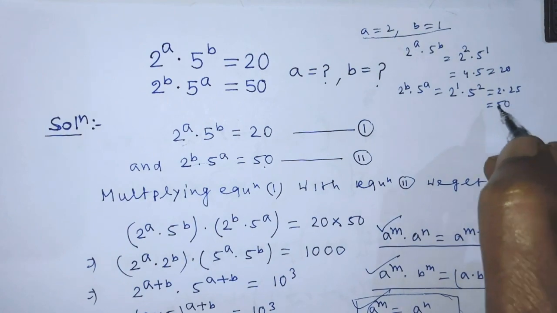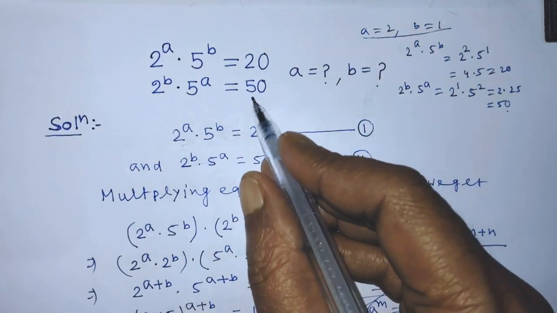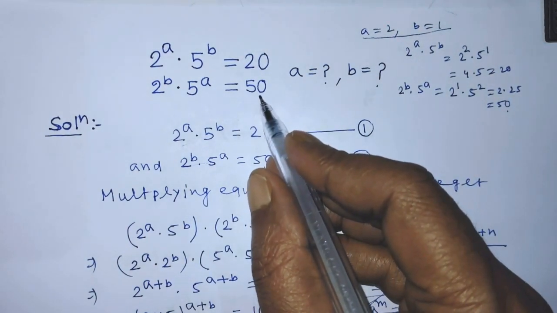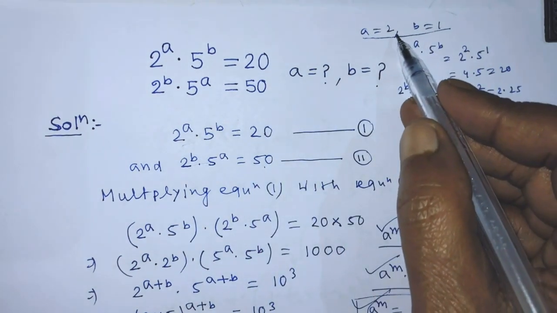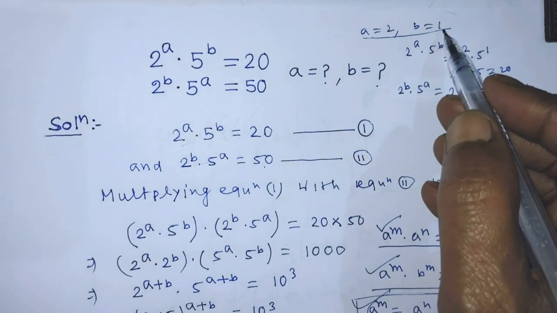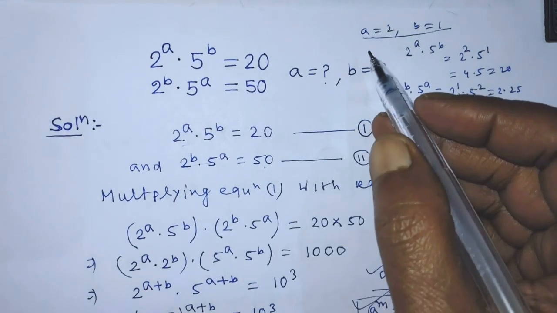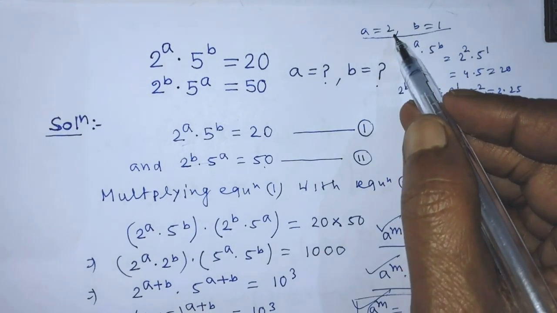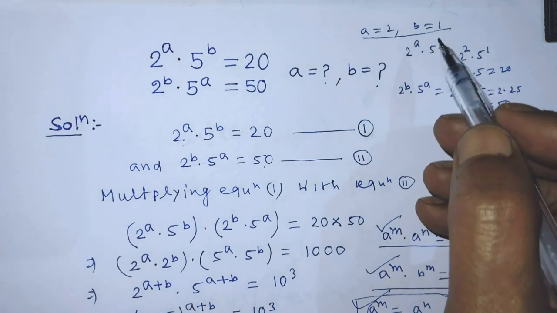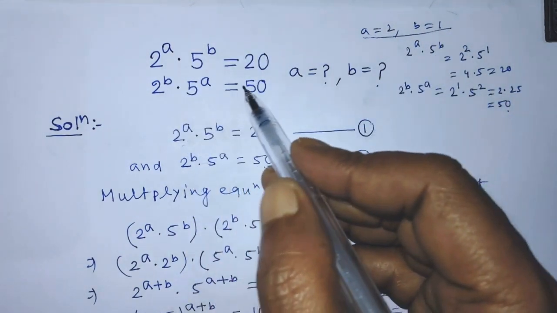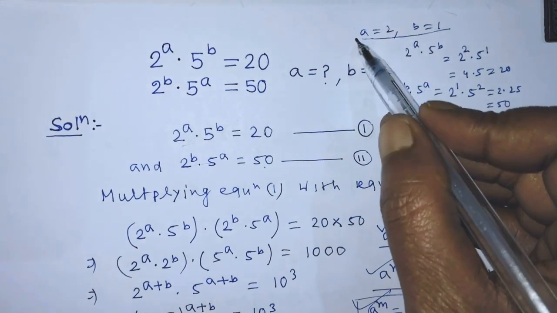Right hand side is also 50. So that means a is equal to 2 and b is equal to 1 satisfy both equations. Okay, it is clear that a is equal to 2 and b is equal to 1 is the solution of both equations. So student, our answer is complete.